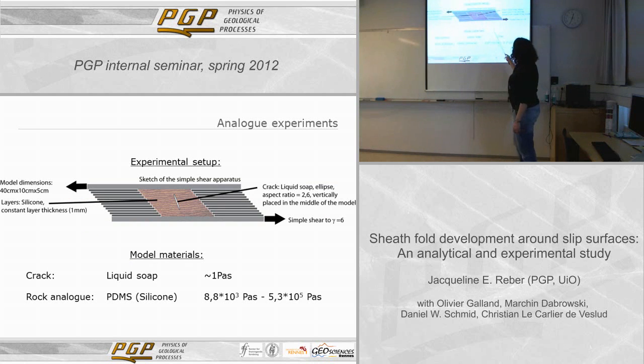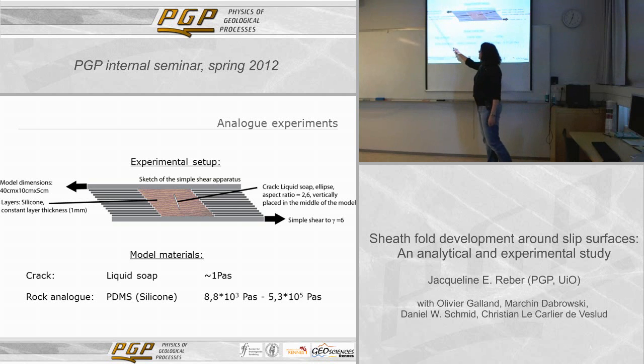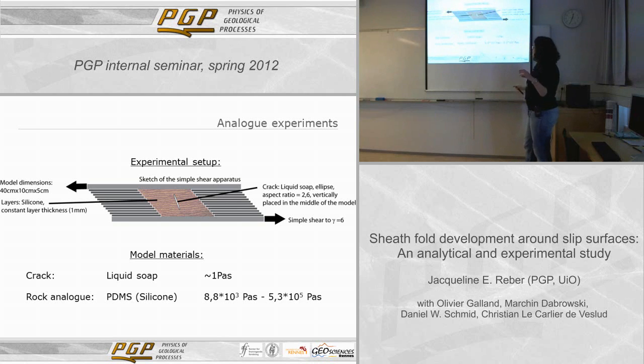We have a box containing the experiments, which is 40 centimeters long, 10 centimeters wide, and 5 centimeters high. In this box, we place many thin layers of silicone. In the middle of the whole silicone cube, we place the slip surface, which is basically a cut in the silicone, which we lubricate with liquid soap.